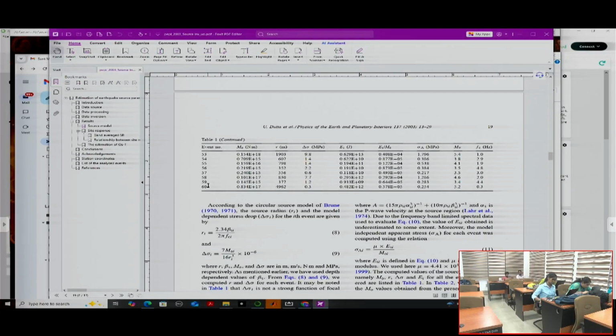And the beta value you have used, how much is it? For the radius calculation, you have used beta, so that beta value equals how much? The radius calculation is 2.34 multiplied by beta. So how much beta have you used? You understood what I'm saying?